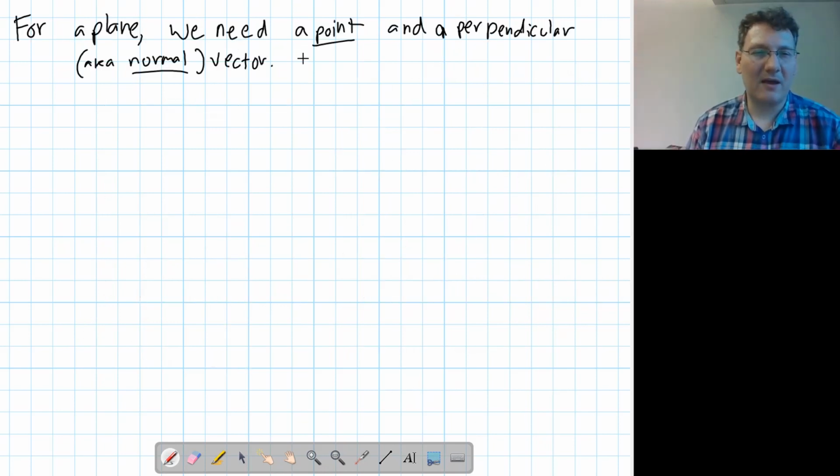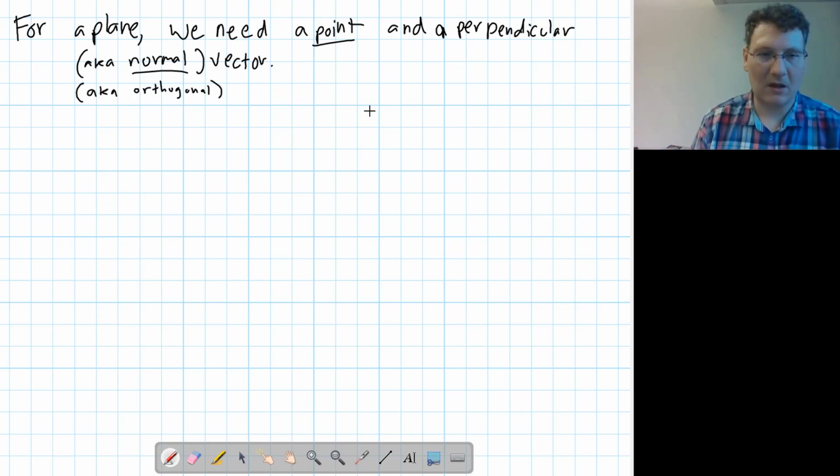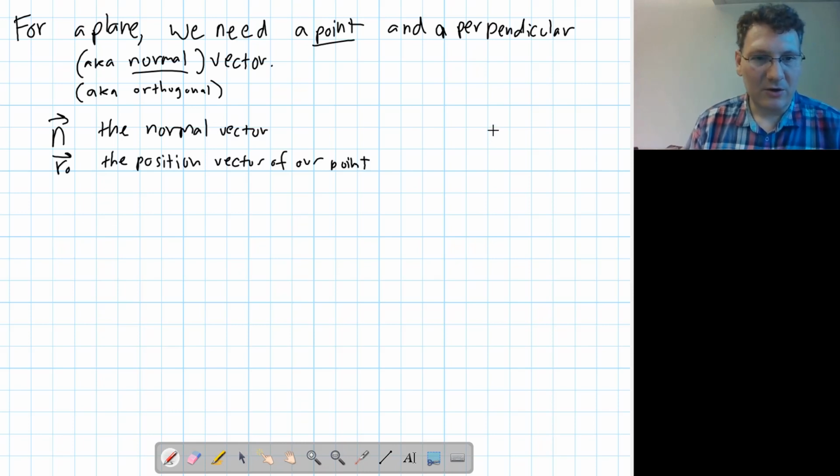So to define the equation of a plane, we're going to need a point on the plane and a perpendicular vector, also known as a normal vector, also known as orthogonal. So we're going to call n the normal vector, and r0 is the position vector of the one point that we have on the plane.